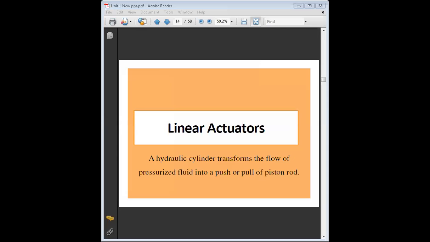Prathamesh Patil, just tell me whether linear actuator, hydraulic cylinder, and linear motor are all the same or different. Sontakke, roll number 44, just tell me whether these three are same or different.